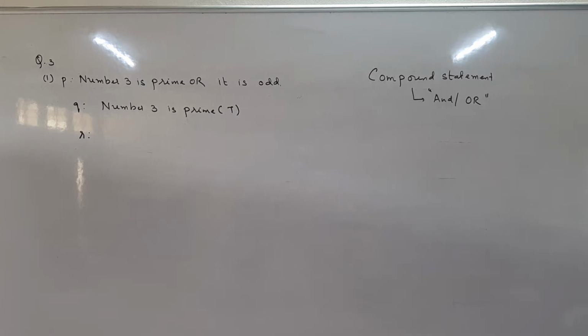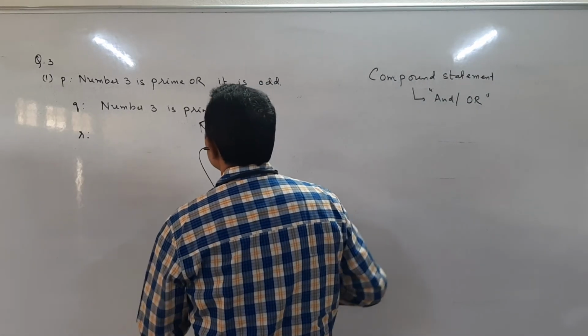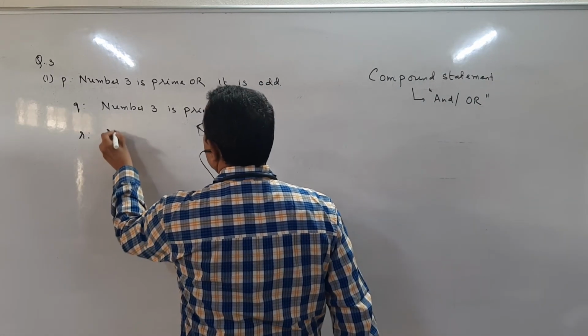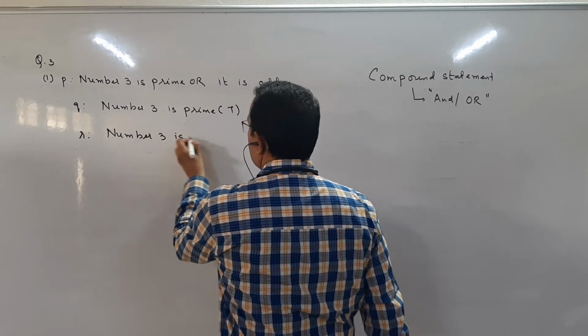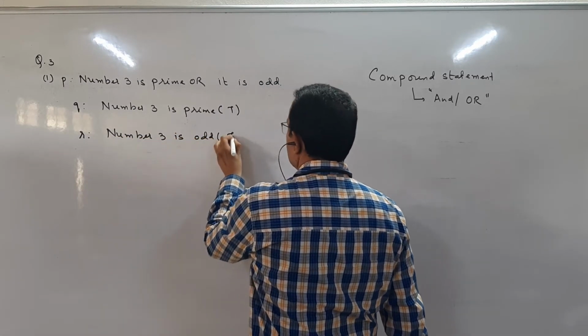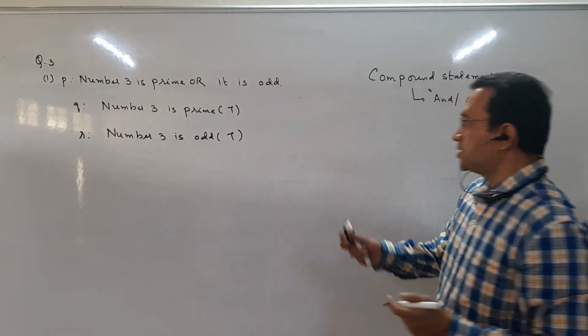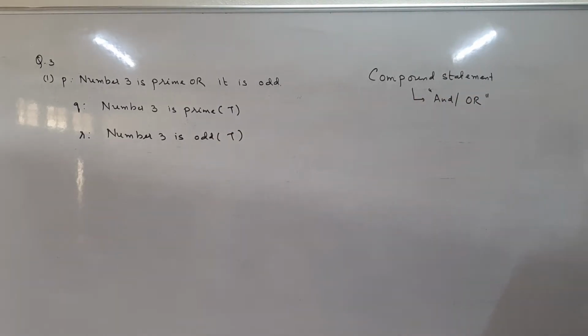And number 3 is odd also. So component Q is: number 3 is odd. So this is also true. 3 is definitely a prime, 3 is definitely odd. So P and Q both are true.